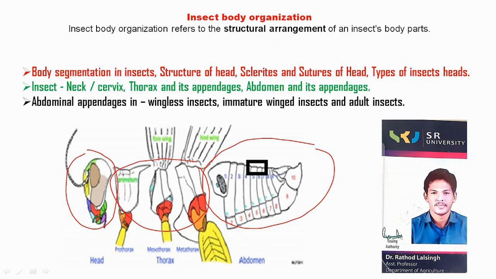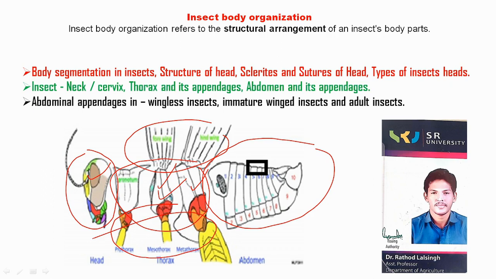The head region is a six-segmented part consisting of compound eyes, simple eyes, antennae, and mouthparts as appendages. The thorax is the middle region, consisting of two pairs of wings in the mesothorax and metathorax, a pair in each segment, and three pairs of legs, one in each of the three thoracic segments.